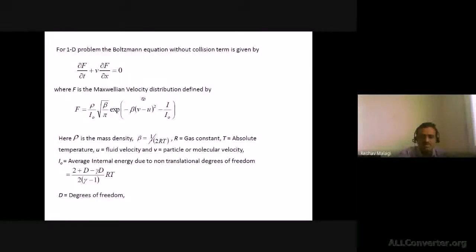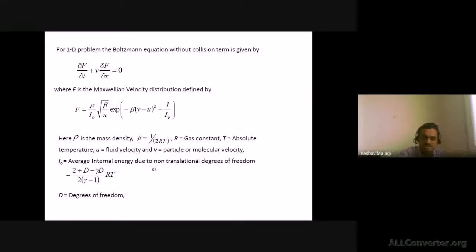These are the definitions of F, the Maxwellian, and the density, beta, gas constant, absolute temperature and fluid velocities. Here u is the fluid velocity, which is the mean velocity, and this is the particle velocity, that is at the molecular level.